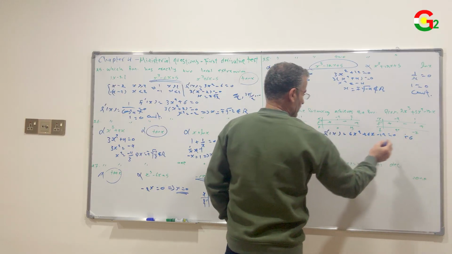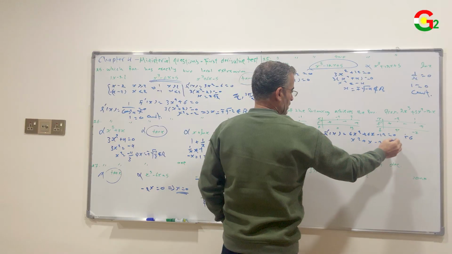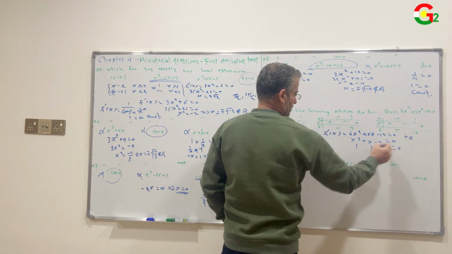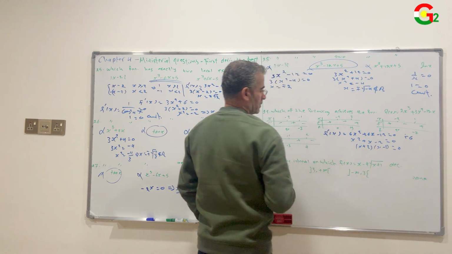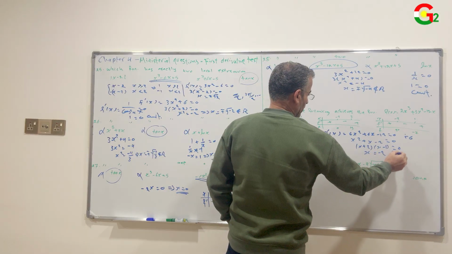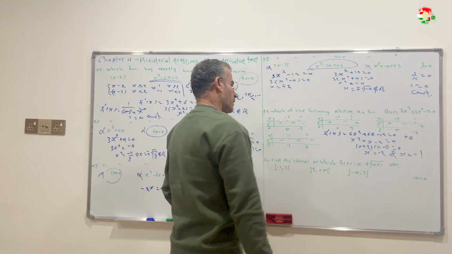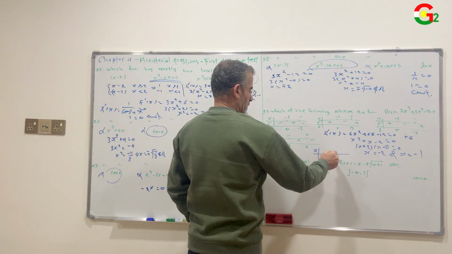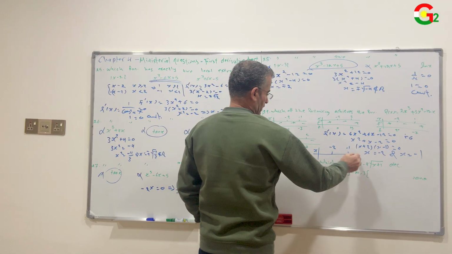Divide by 6: x² plus x minus 2 equals 0. Factorize: (x plus 2)(x minus 1) equals 0. Then x equals negative 2 and x equals 1 are the critical points for this function.